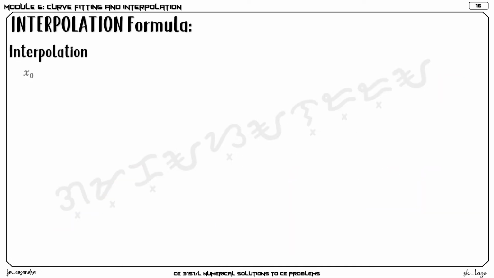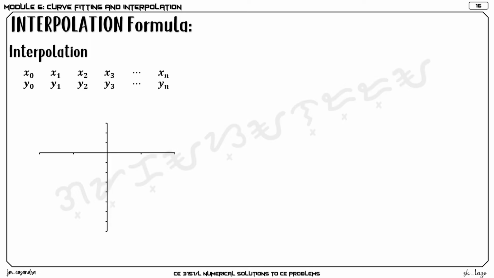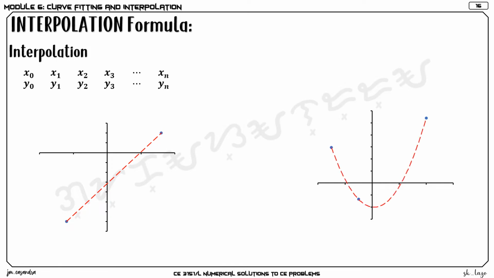So in interpolation, given a set of x and y, these values would be plotted in a graph wherein 2 points would be connected by a line and more points could be defined by a curve. As defined, interpolation now is identifying the point within a curve or within a line.